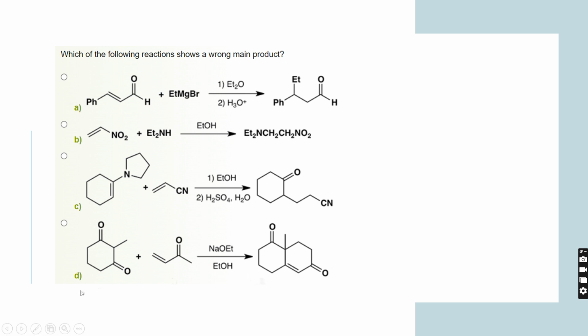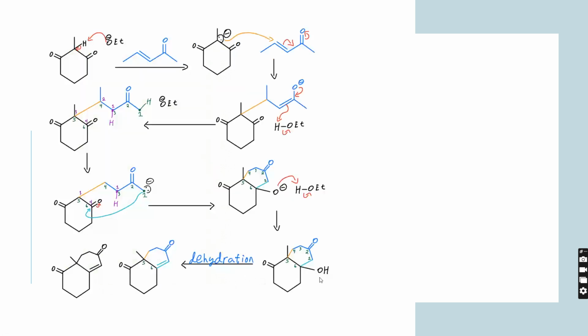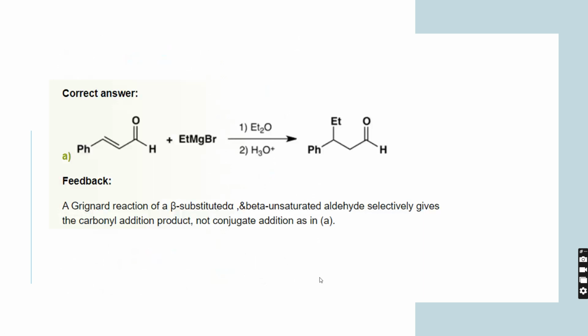So option D is also showing you the correct main product. After analyzing all the options one by one, we got that only option A is the one which is not showing you the correct main product.